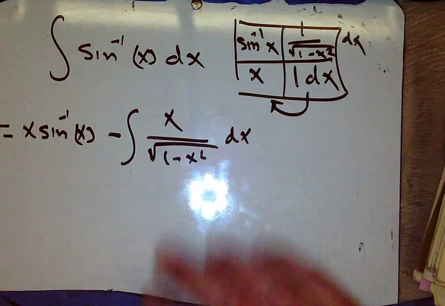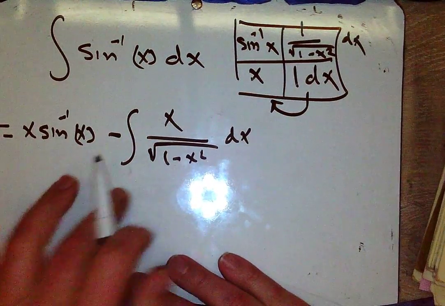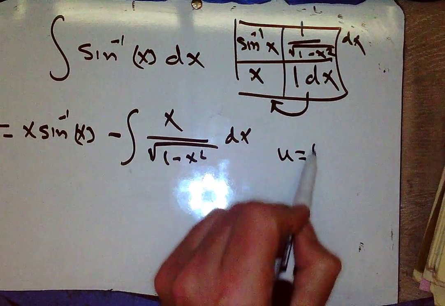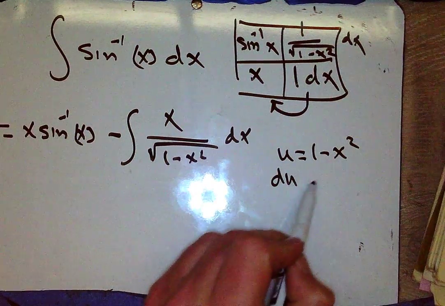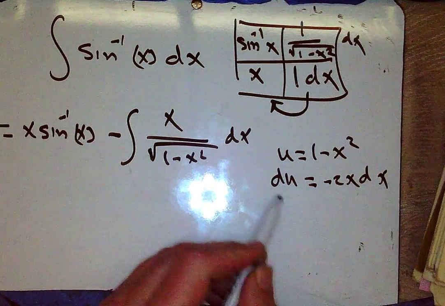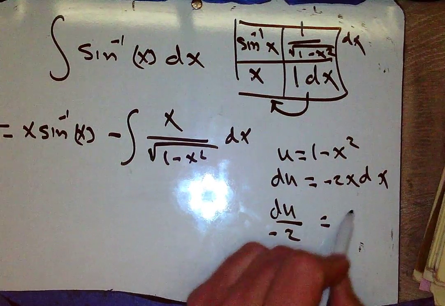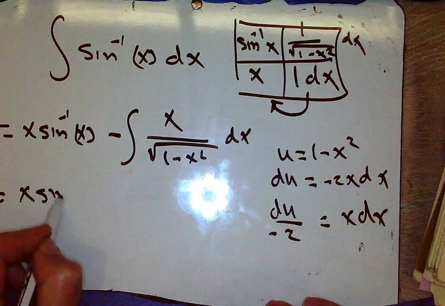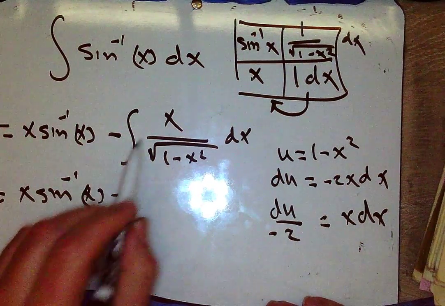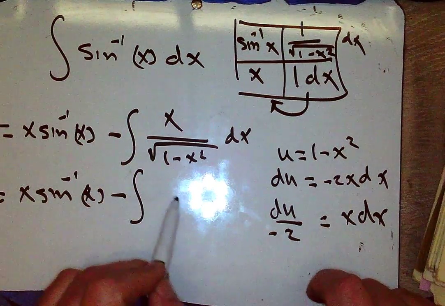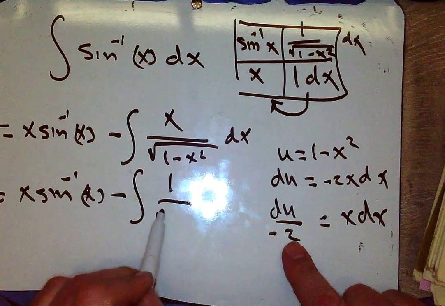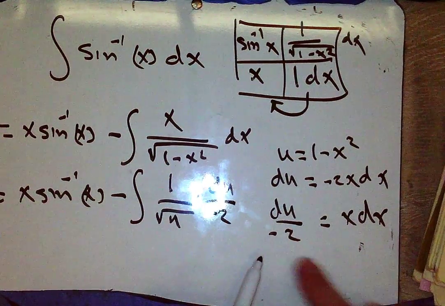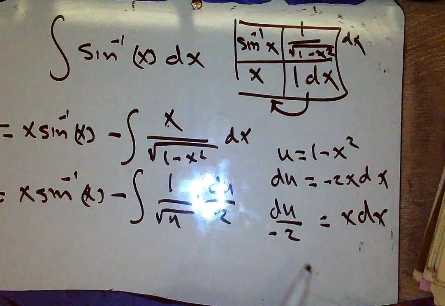Now what about here? How do I take this antiderivative? Well, let's say u sub. So that's going to be the integral of 1 over square root of u times du over negative 2, because that's what x dx is.